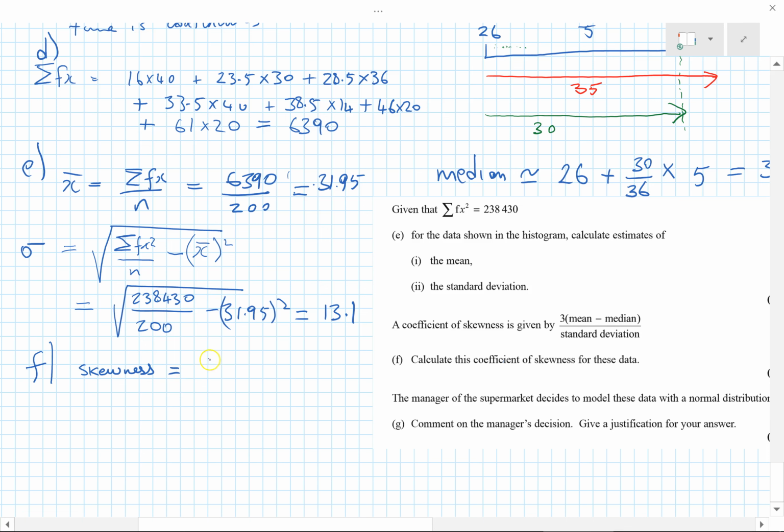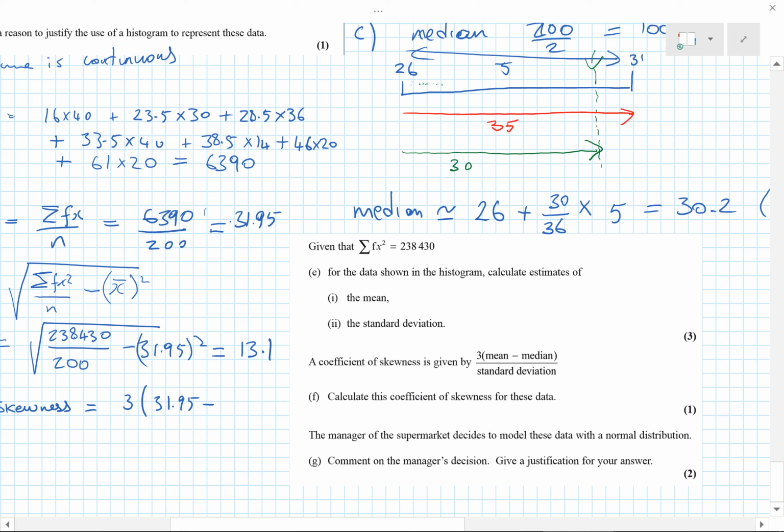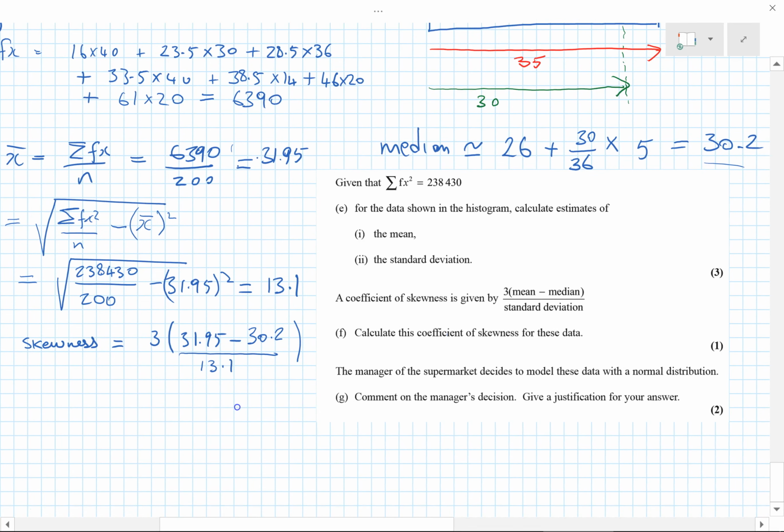So the measure of skewness is equal to 3 times (31.95, take away the median, which is the 30.2 that we had before), divided by the standard deviation, which is 13.1, and that gives me an answer 0.409 as my measure of skewness.